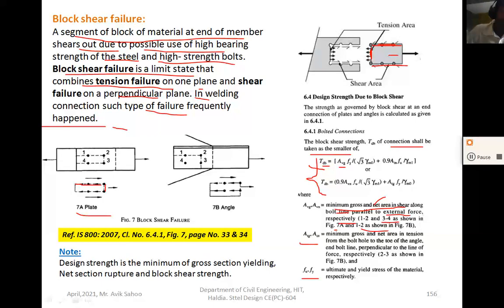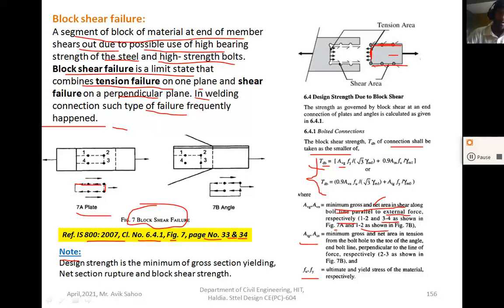Here the reference is given IS 800:2007, clause number 6.4.1. See figure 7, where the diagrams are given to understand how the block shear failure will occur, on page numbers 33 and 34. These provisions are given on 33 and 34.